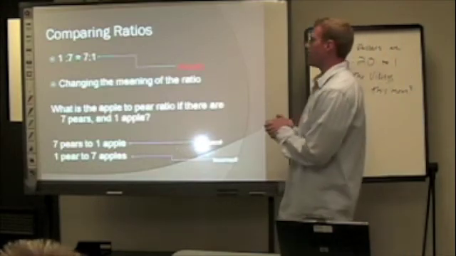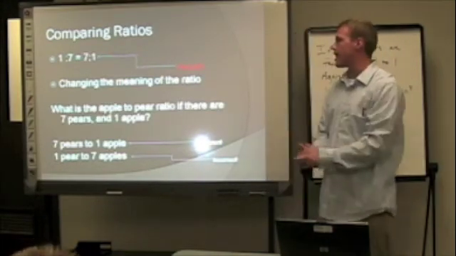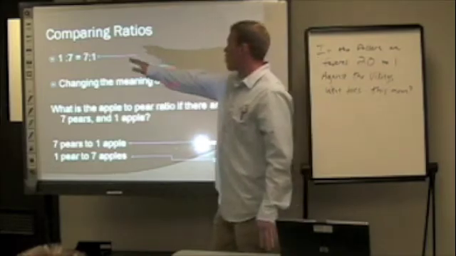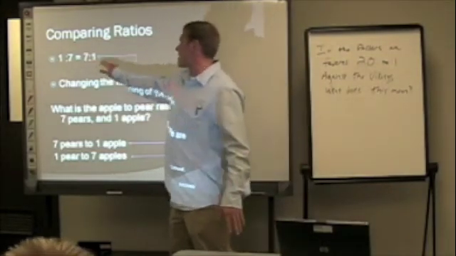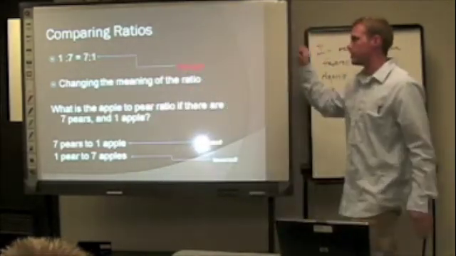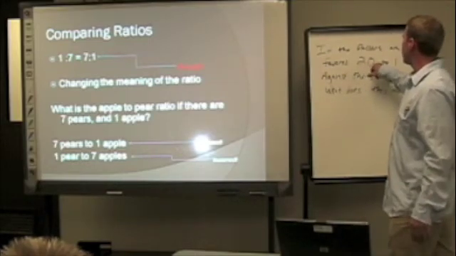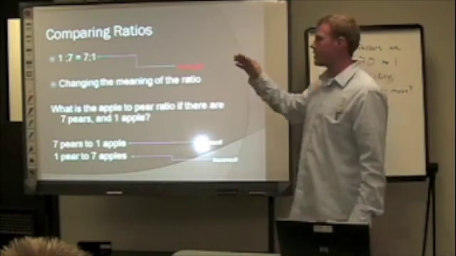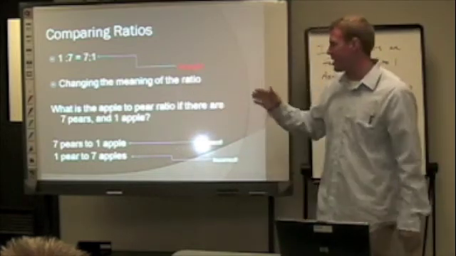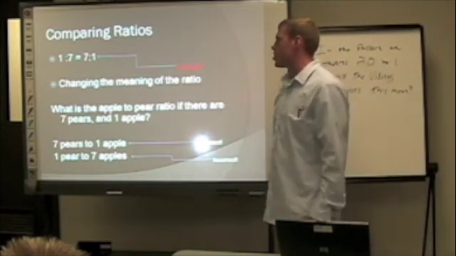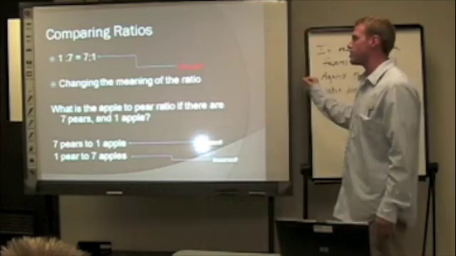All right. Now, gang, listen up. This is a very important concept. 1 to 7 is not equal to 7 to 1. That is completely wrong. That is like writing that the Vikings have a 20 to 1 odds. You cannot flip the numbers. They have a relationship that needs to stay where it is. You are changing the meaning of the ratio.